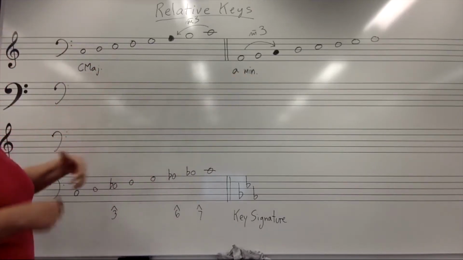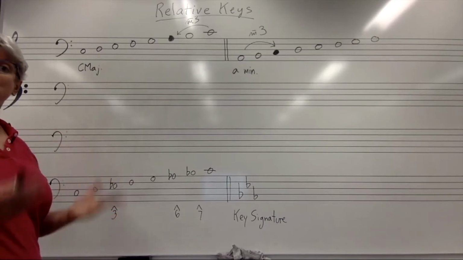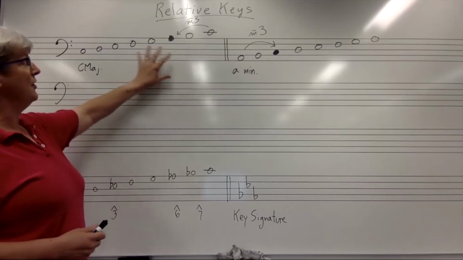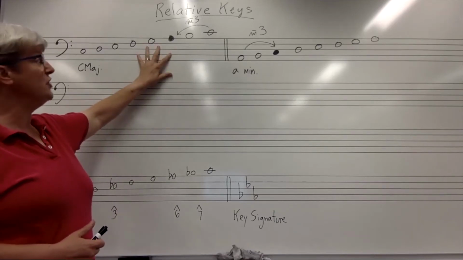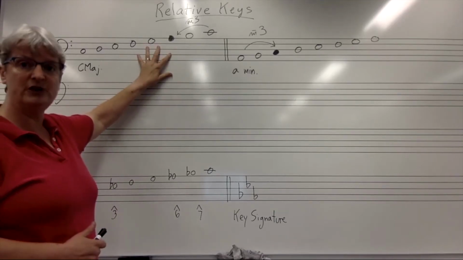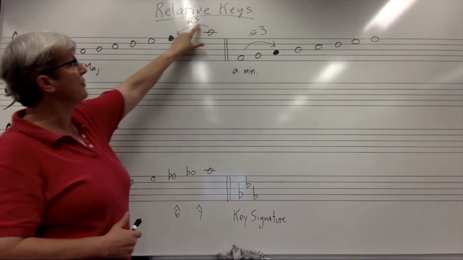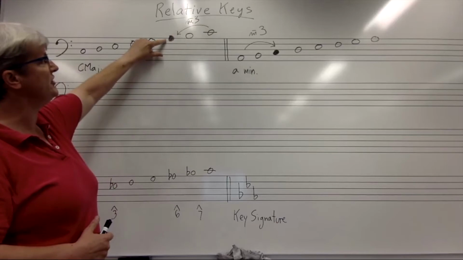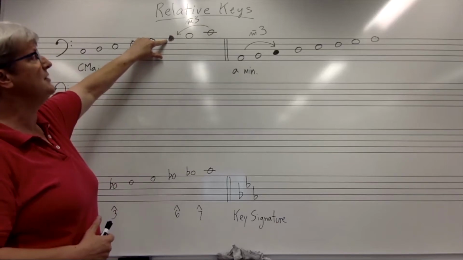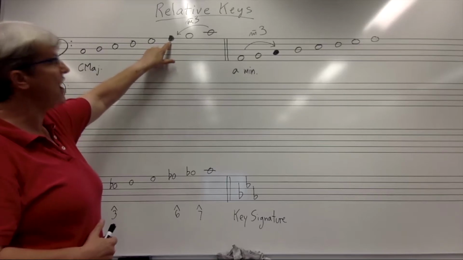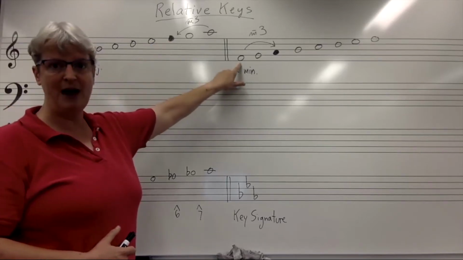If I ask you what minor key has no sharps, no flats in the key signature, you say, well, the major key that has no sharps, no flats in the key signature is C major. And now if I go down a minor third from C, I find the 6th scale degree of C major, and I know that that note A is the tonic for the relative minor.